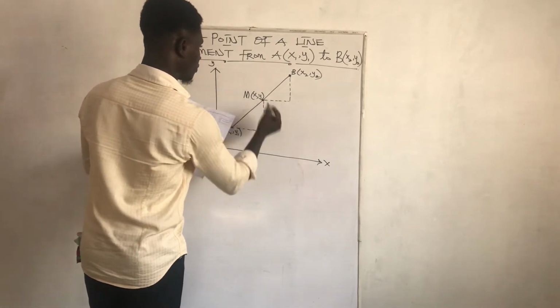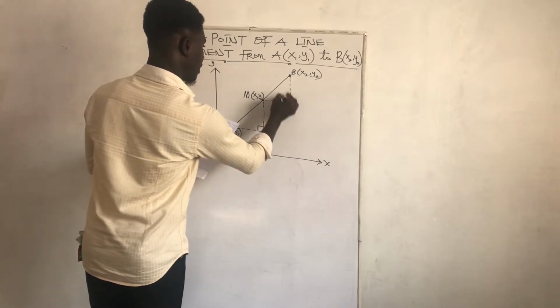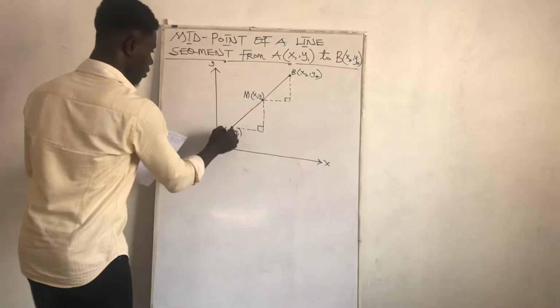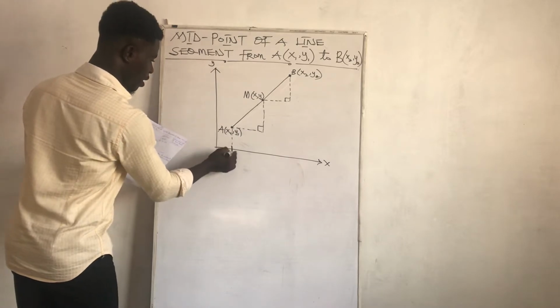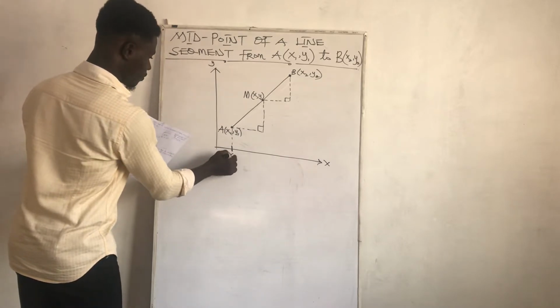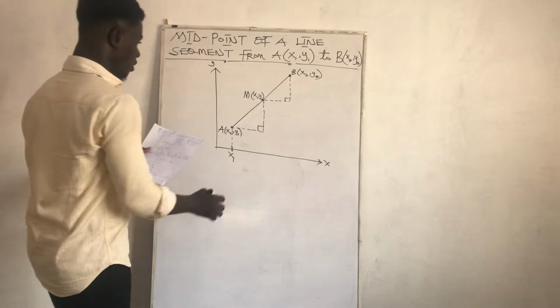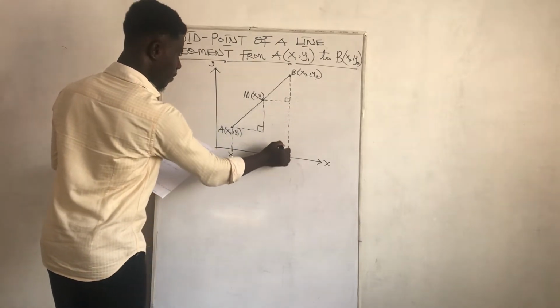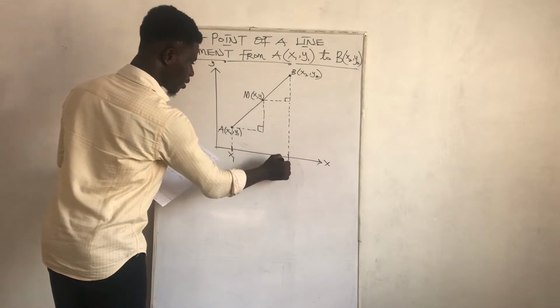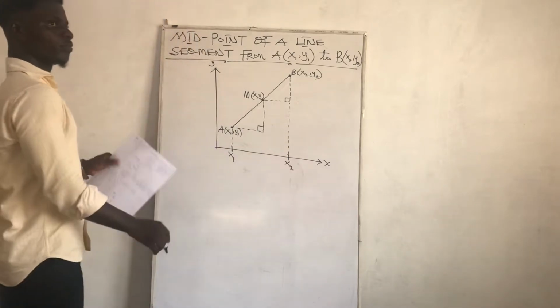Okay, so I have my 90 degrees here. Then here we assume that we have an x value, that's x1. Then here we have an x2.